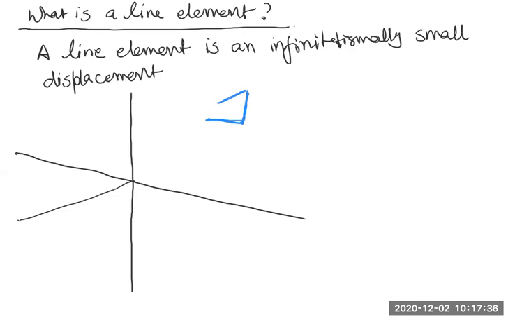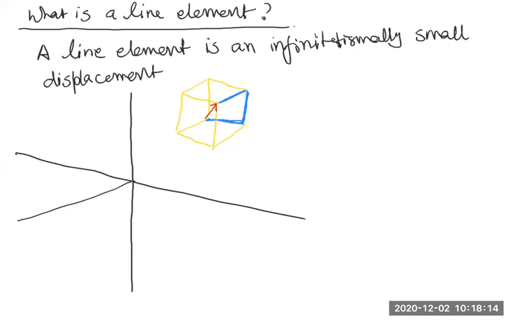Right? Let me just redraw this, or at least the missing parts. Something like this. So the displacement is like this. This is the line element.